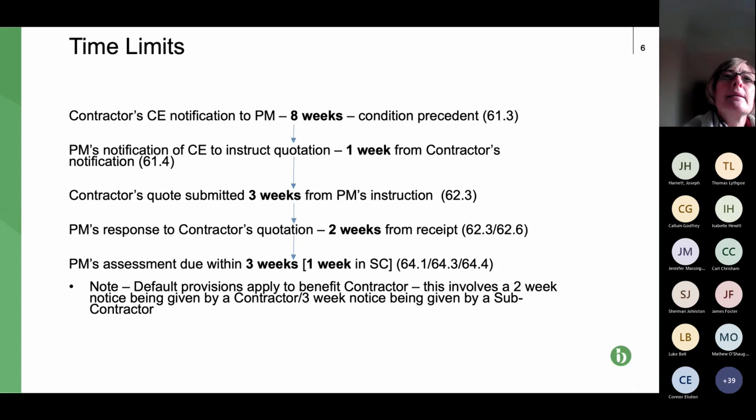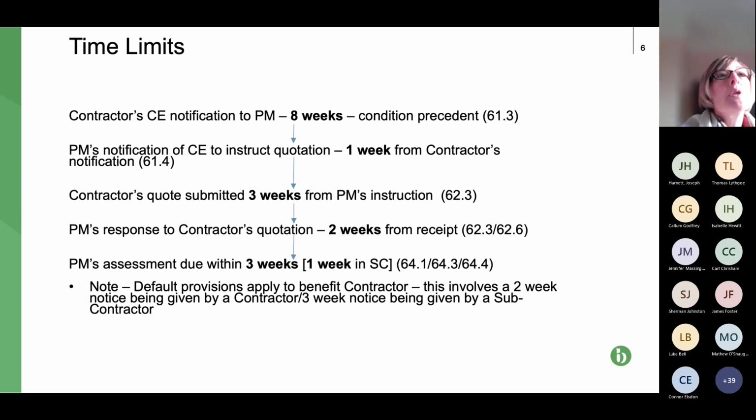We will come back to that, because it's not every compensation event that has to be notified by the contractor, but hopefully you can see that with such onerous consequences, it's probably best to err on the side of caution and just notify. If in doubt, notify a CE.